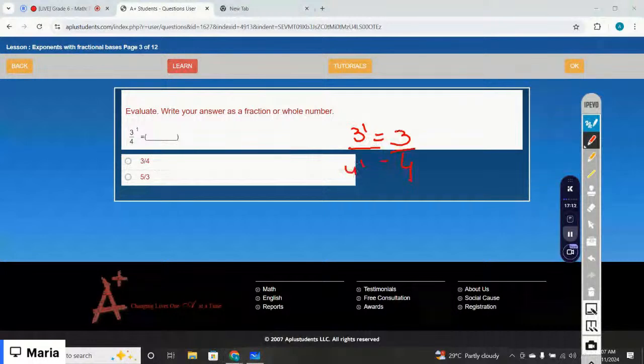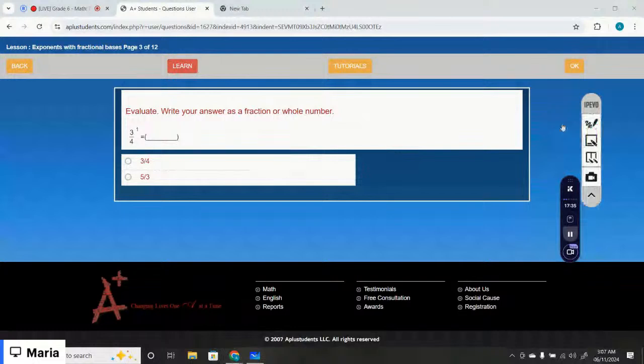So that is 3 over 4. Got it? The correct option is option number 1, that is 3 over 4. Very good.